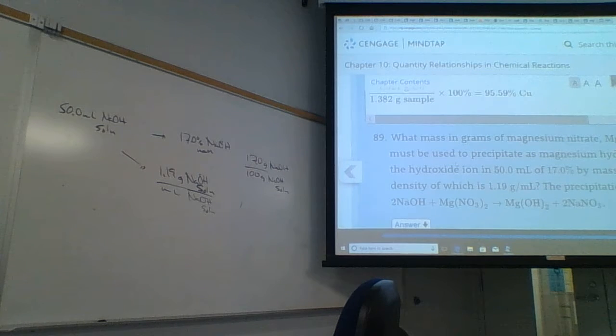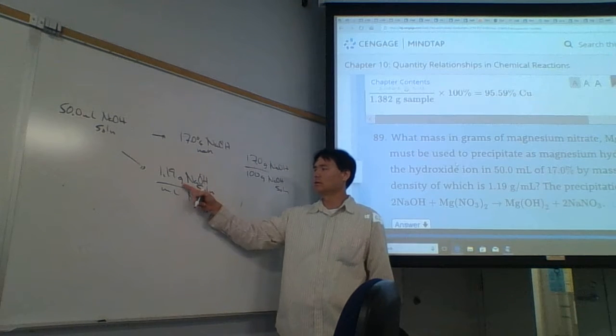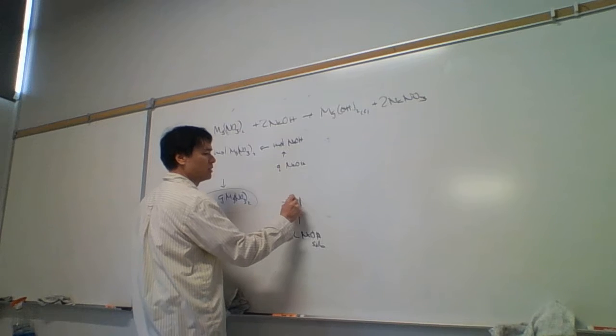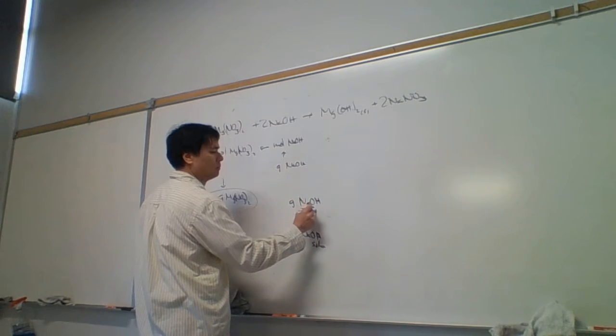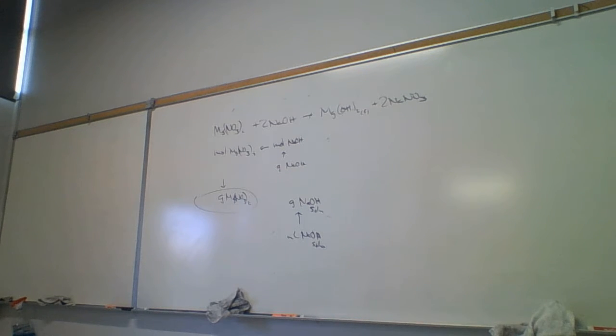But we can't go from milliliters straight to grams of sodium hydroxide. Well, the density will convert milliliters of sodium hydroxide solution to grams of sodium hydroxide solution. And then once we get to grams of the mixture, we'll use the percentage to go from grams of sodium hydroxide solution to grams of pure sodium hydroxide.